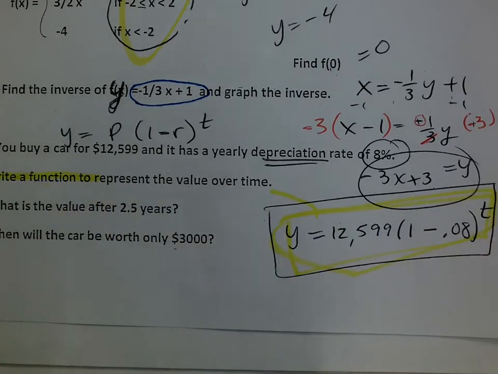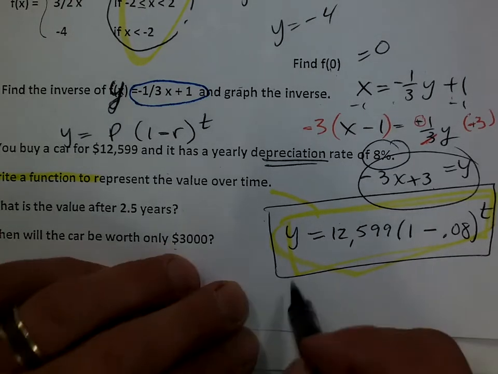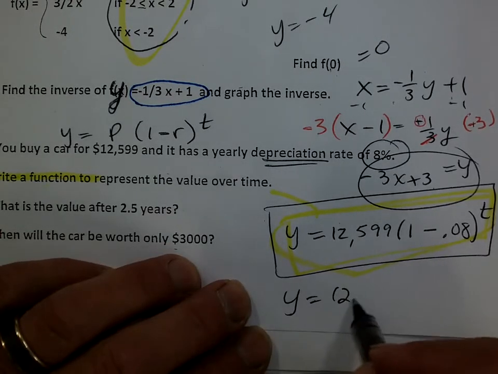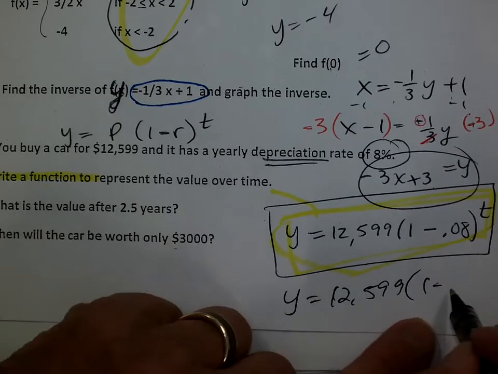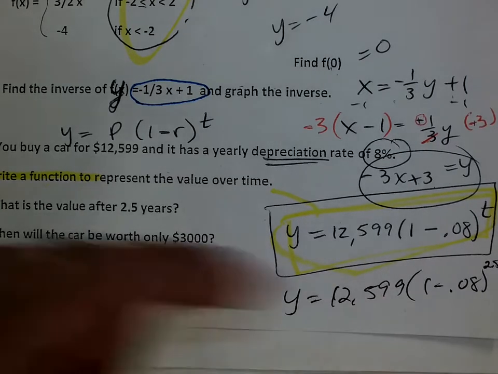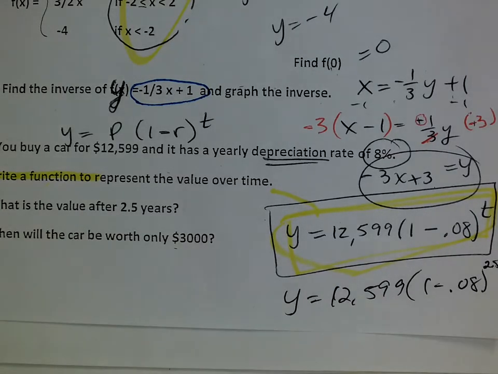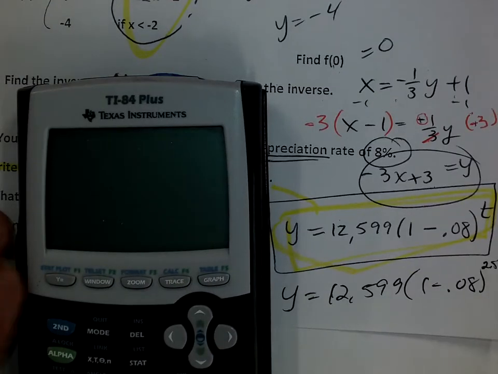Okay, what's the value after 2.5 years? Well, let's just plug in 2.5. 1 minus .08 to the 2.5. And I'm just going to use my calculator. Hopefully you can see my calculator. I'm just going to go, okay, on, clear.